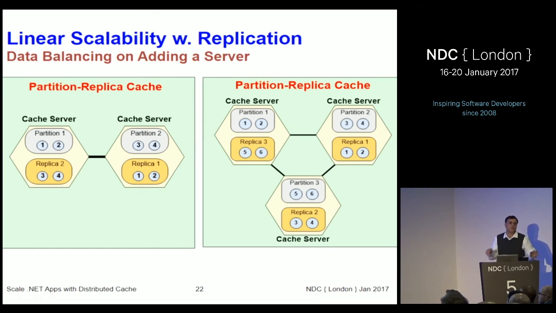What happens is, depending on what data you're updating, whichever partition that data is supposed to exist in, the read-through or the write-through runs on that server. So that way it can do distribution and load balancing, so that one server does not become a bottleneck.